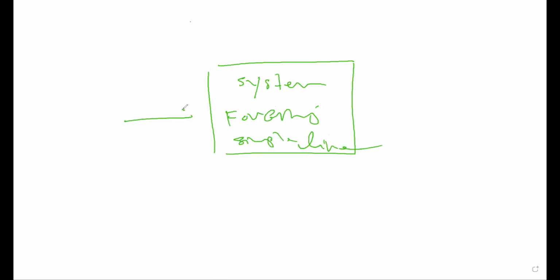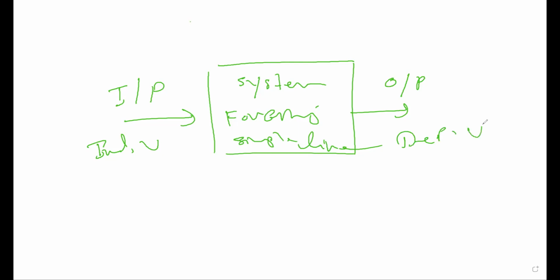This is the input, which is the independent variables. This is the output, which is the dependent variables. This is raw data. This is information.